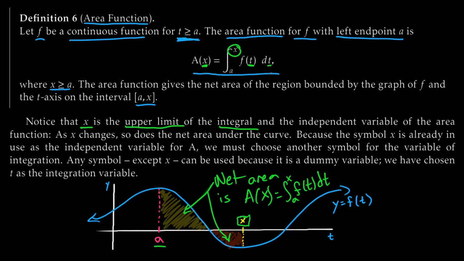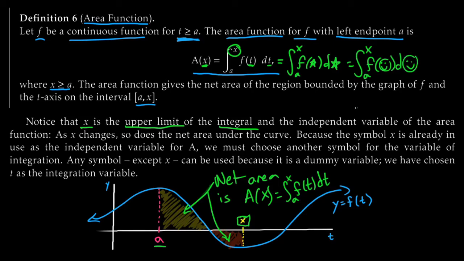It gets used up when you evaluate the function, but to write the function down, you need that variable. So you could use any symbol you wanted. This is exactly the same as the definite integral from a to x of f of a star, d star, or f of a smiley face, d smiley face. Same thing. It doesn't matter.